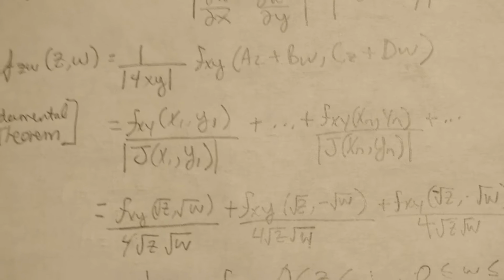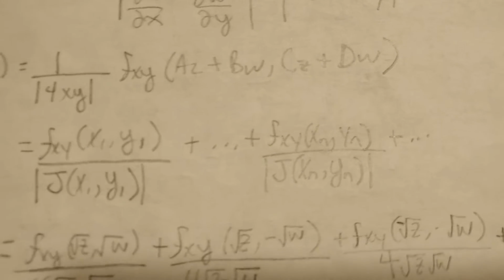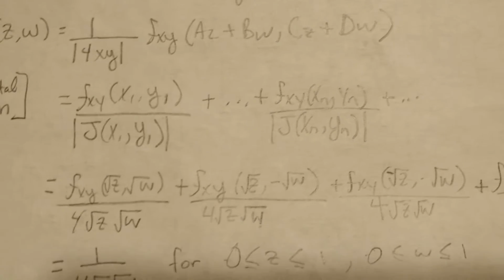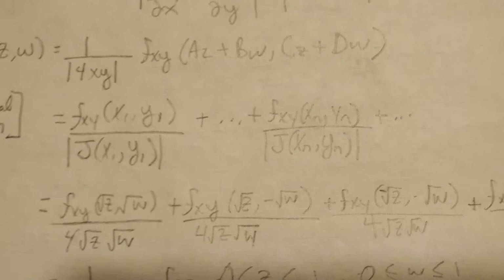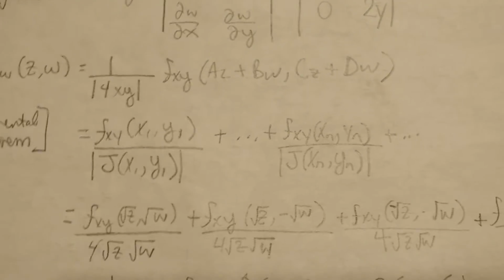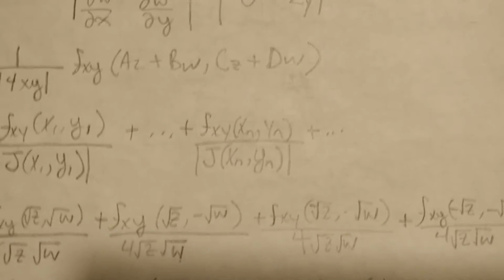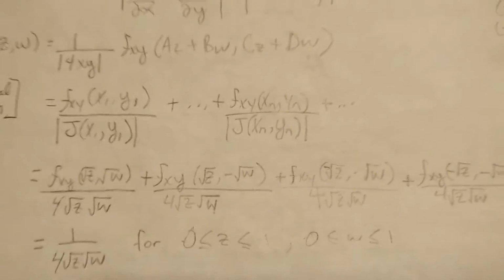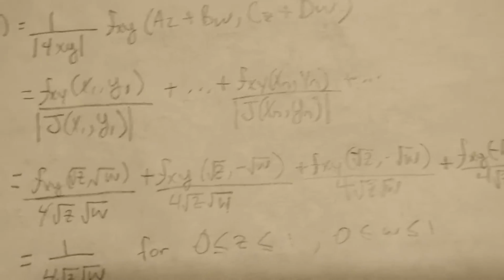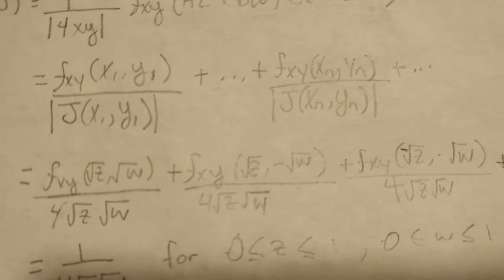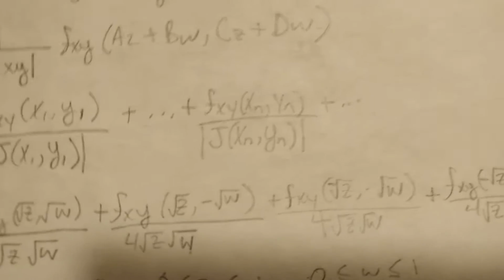This is what it looks like with the symbols, and then we plug in all our numbers into that expression. Because we have 4 roots, we have 4 different segments to this. We have the Jacobian in the denominator, and in the numerator, in each segment, we have our different roots.